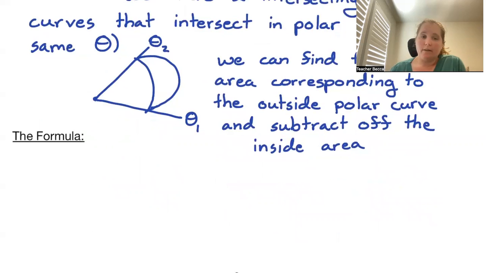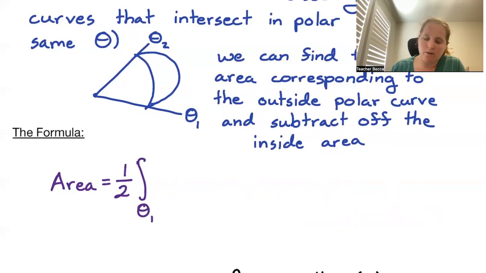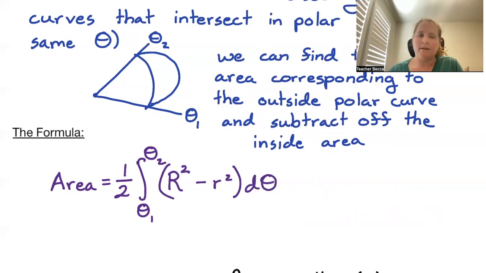So our formula here, we would do that the area is equal to 1/2 was included in our area, and then the definite integral from theta 1 to theta 2. The outside curve would have area, let's do capital R squared d theta for the integral. The inside curve would have a lowercase r squared. And then we do d theta.